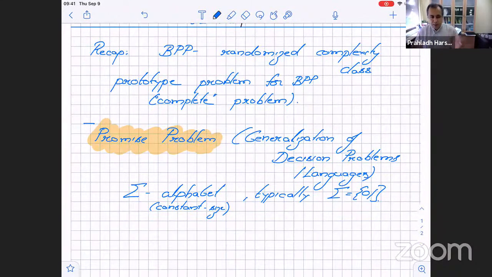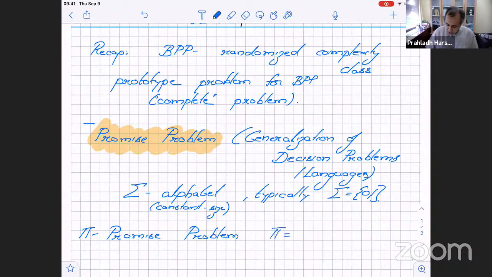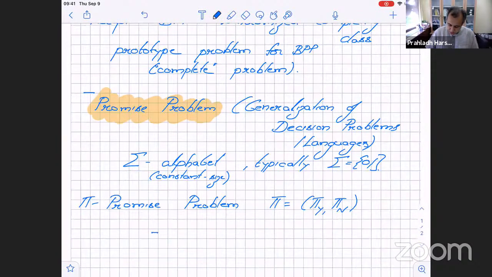Now a promise problem is going to be a slightly different definition. We'll say pi is a promise problem if pi will actually have two parts to it, pi yes and pi no, such that the following is true. Pi yes and pi no are both subsets of sigma star, both are collections of strings, and they are disjoint.